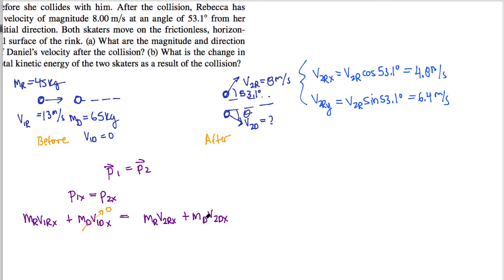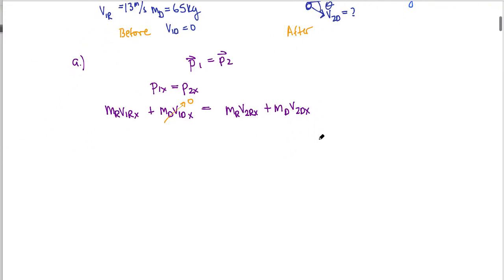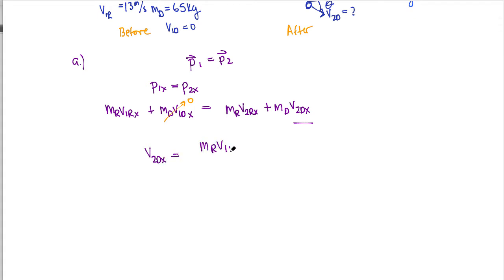Now we can use this to find the velocity of Daniel in the x direction after the collision. So I'm going to rearrange this and look for the velocity of Daniel in the x direction. V2Dx will be equal to mass of Rebecca times V1R in the x direction minus mass of Rebecca times V2R in the x direction, all over the mass of Daniel.